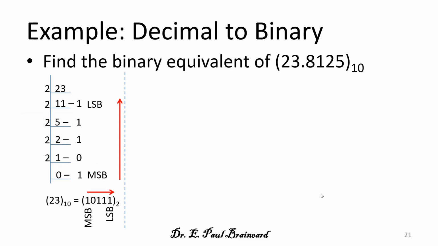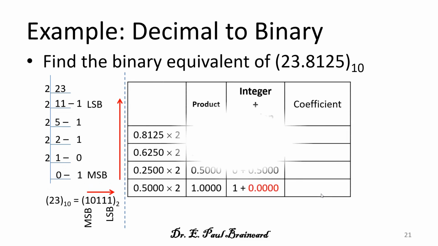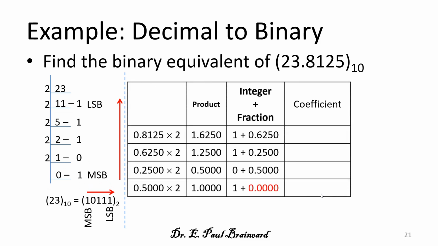Now let's convert the decimal fraction into binary. Follow the same procedure. Multiply the fractional part with 2. Separate integer and fractional part. Collect the coefficients. And the first coefficient till the last coefficient are put in this order.